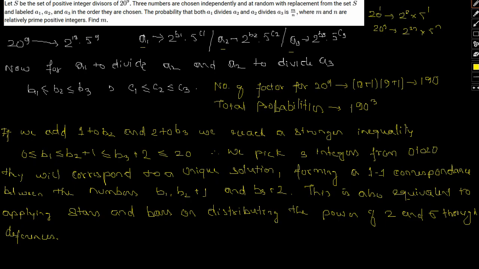Okay, so therefore the number of solutions to this inequality is 21 choose 3, a selection of 3 out of 21.